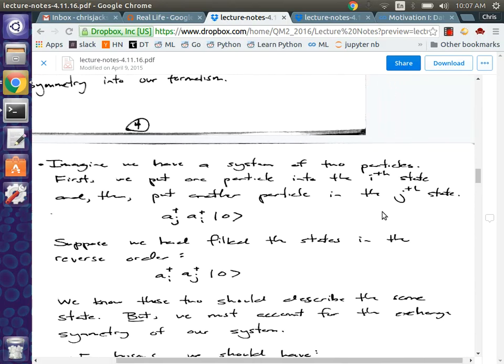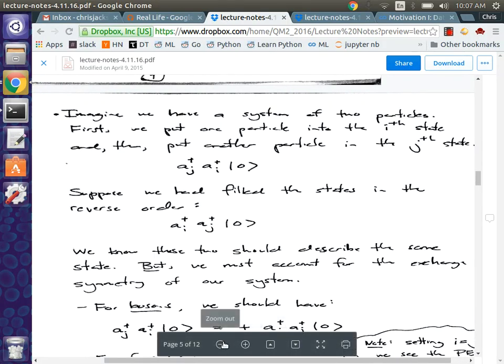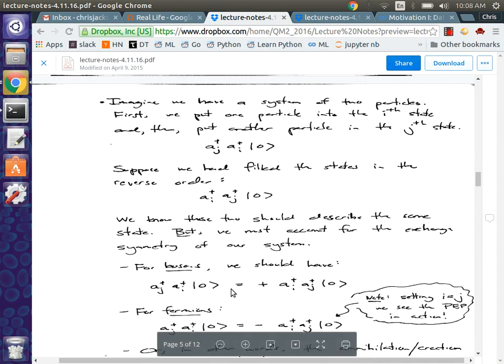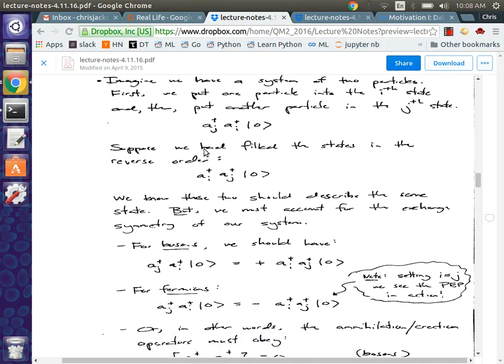But what we have to keep in mind is that we're dealing with identical particles, so we had to build in our symmetry, our permutation symmetry, right? And so we said, okay, well, the way we can do that is to apply certain conditions on our raising and lowering operators. And the way we saw this was that by filling a vacuum with 2 particles, right?